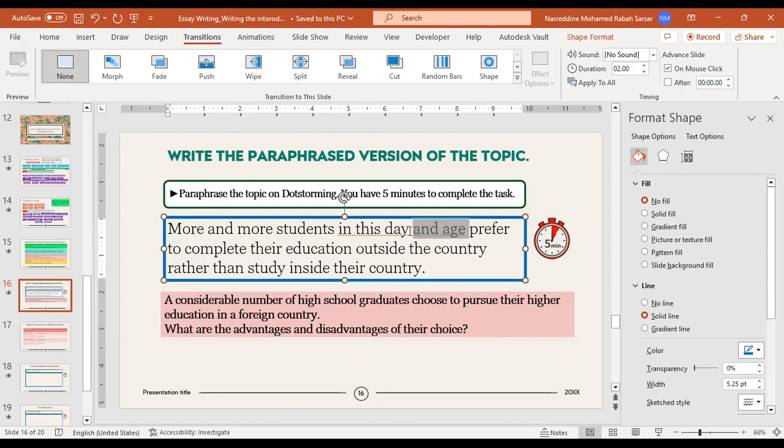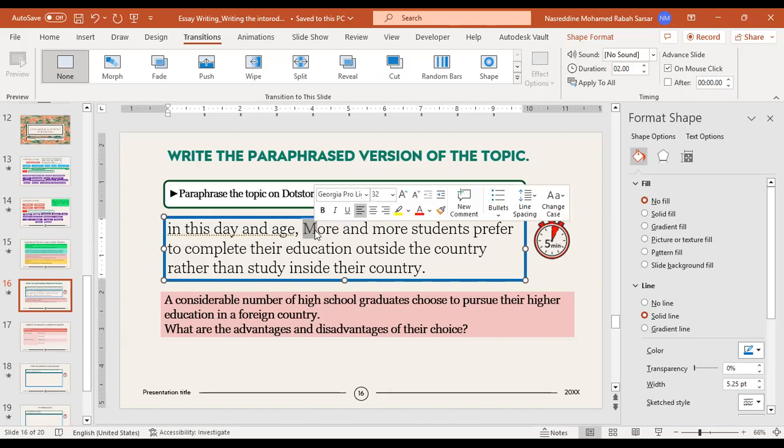Or we can start with a prepositional phrase, which is better. Now, in this day and age, comma, more and more students prefer to complete their. Here we have higher education, and you removed higher. When you removed higher, we don't know which type of education they are going to complete.